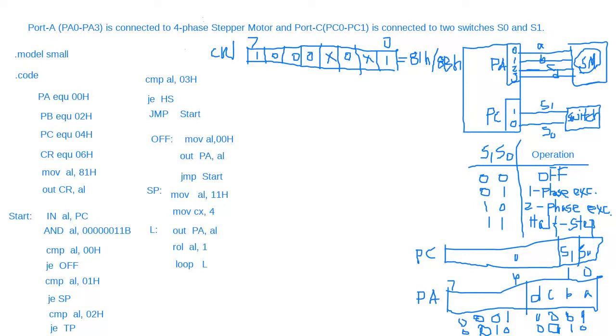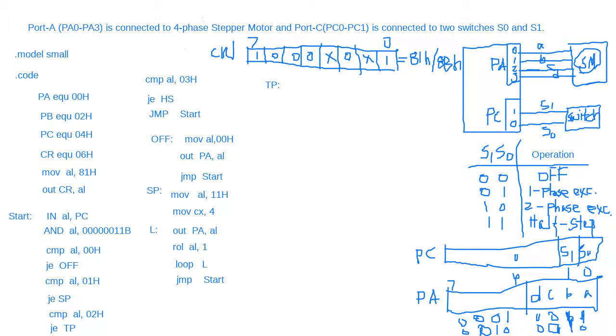Okay, so this is for SP mode. Now for two phase mode, we write TP. What do we send in two phase mode? We have to set 1 1, I mean A and B together, and C and D are 0.